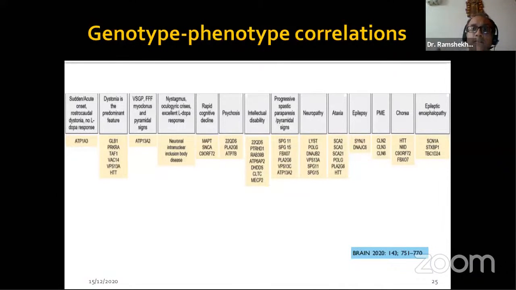So this kind of genotype-phenotype correlation is extremely important when you are trying to establish the correlation between what the result of your genetic test is and what your examination findings are, because unless your endophenotyping is robust, you are not in a position to interpret these results.